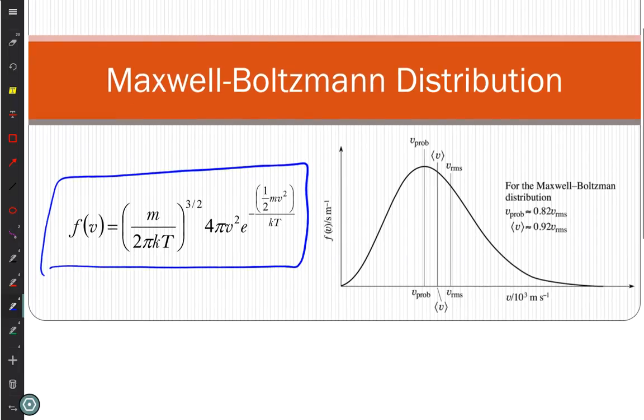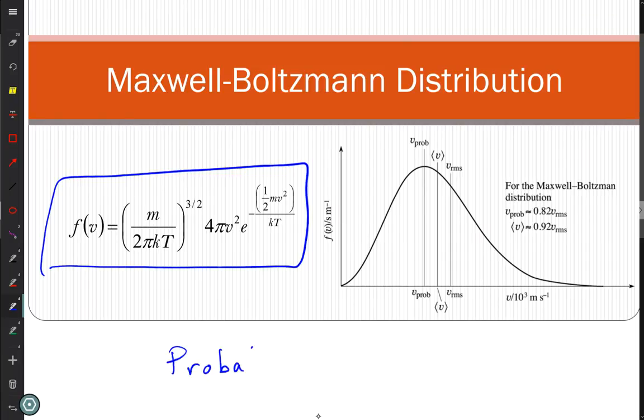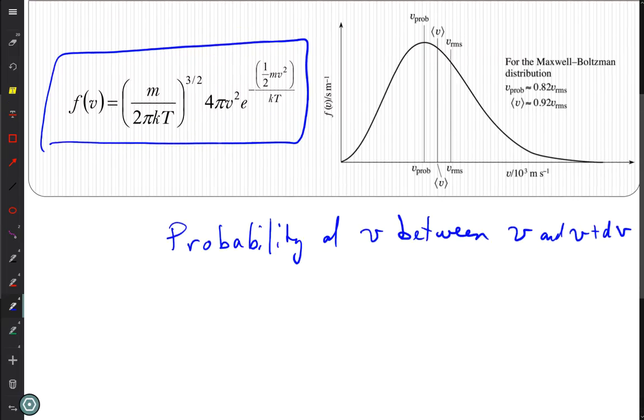And in fact, the probability of speed between V and V plus dV is what that equation really is. That's equal to F of V dV. You always have to actually do it that way.